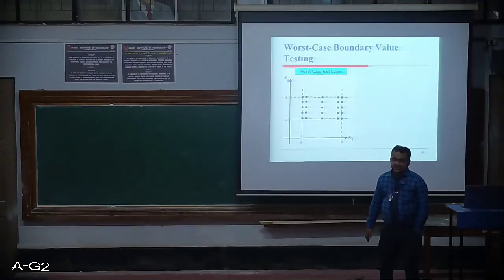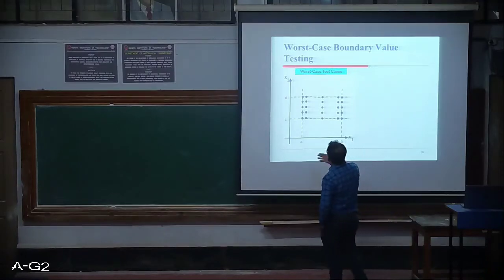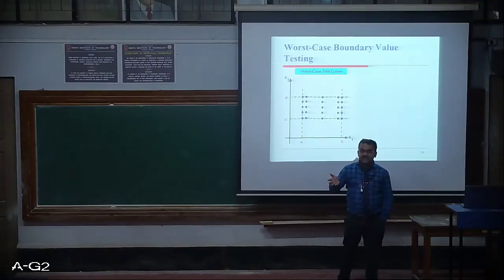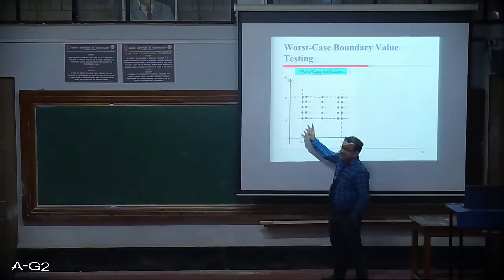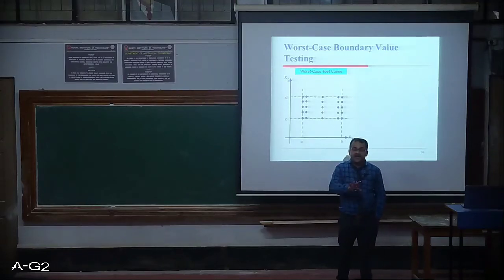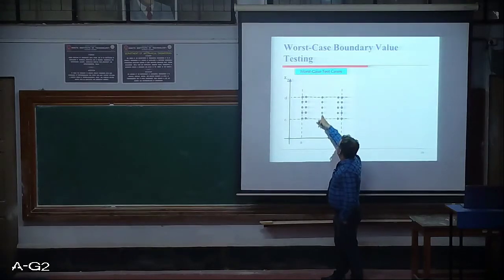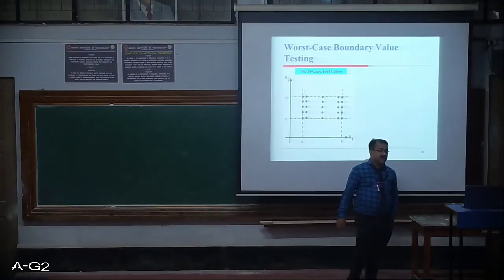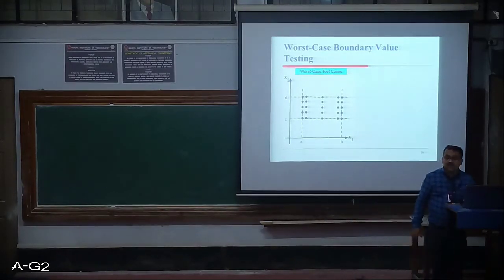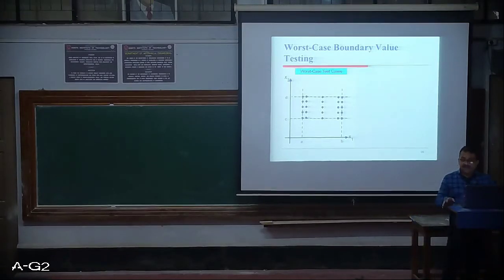So we have 5 values here. As you can see, we had 5 values in that example. So we have 5 into 5, 25 different test cases generated. There are 25 test cases generated in the worst case boundary value testing.